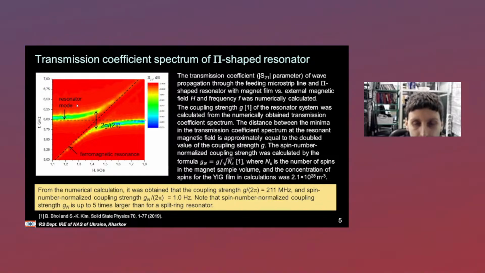To obtain the photon-magnon coupling strength value, we calculate the transmission coefficient, the amplitude of wave propagation through the feeding microstrip line that is connected with our P-shaped resonator with the magnetic film. And we also change the external DC magnetic field strength.